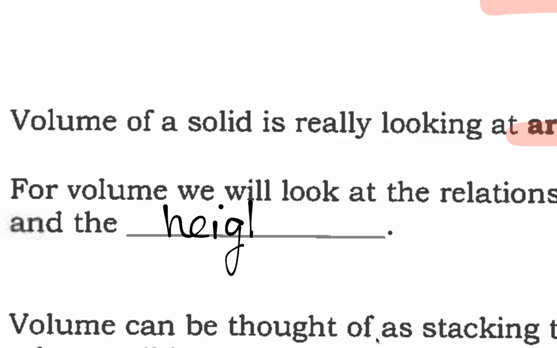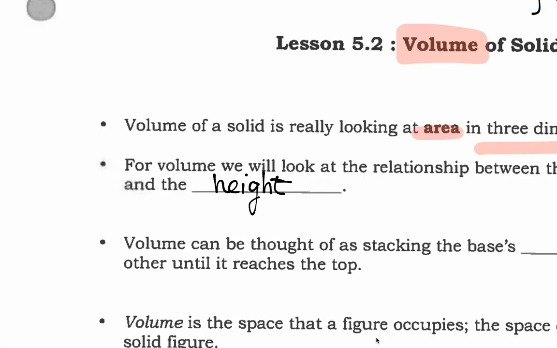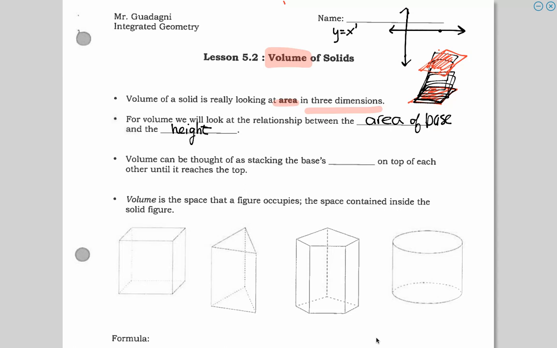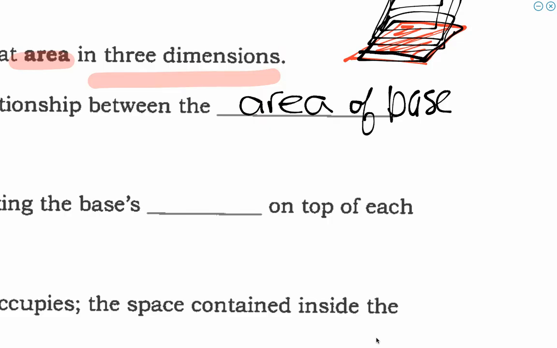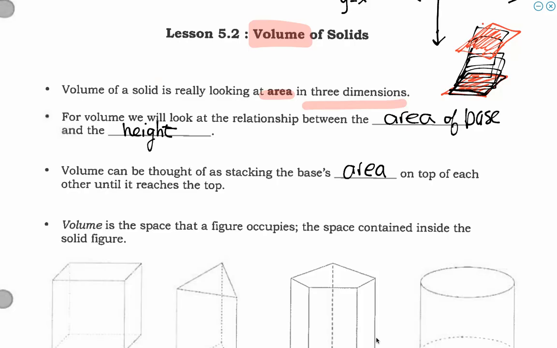The height's going to tell us how many times do I stack, how many pieces of paper high, how 3-dimensional do we want it to be. So the volume can be thought of as stacking the base's area on top of each other until it reaches the top. That's why the bases of a prism have to be congruent and parallel, because essentially it used to be on the bottom and then it's stacked and now it's up here.